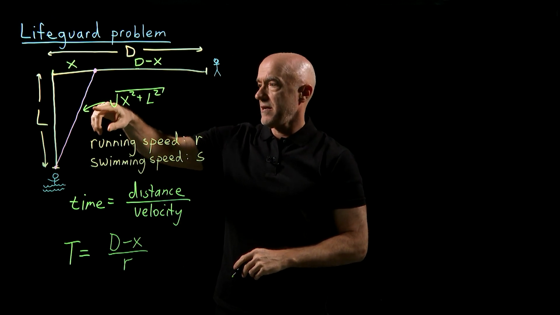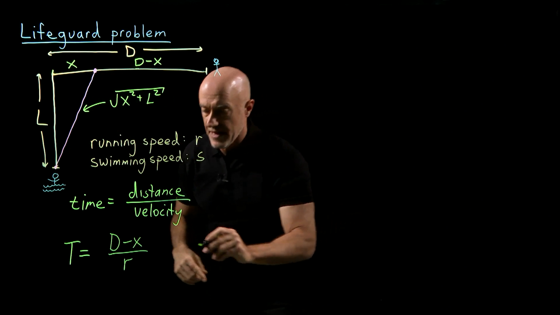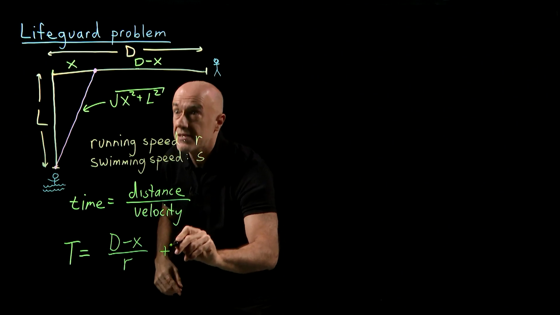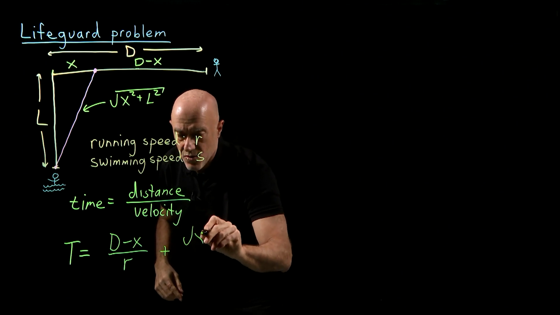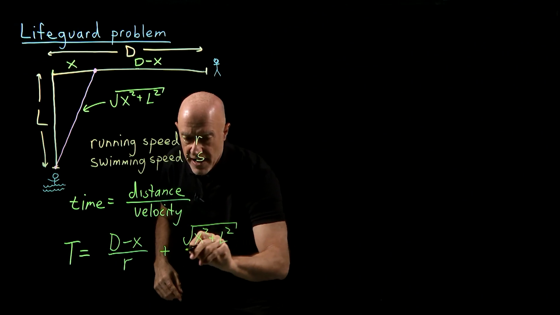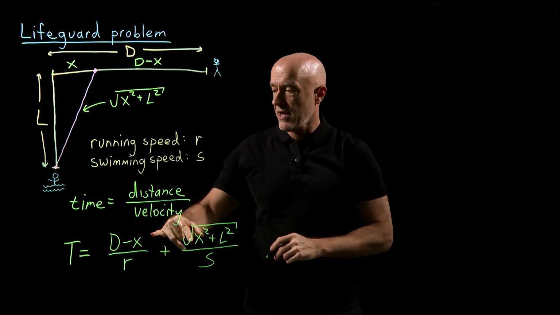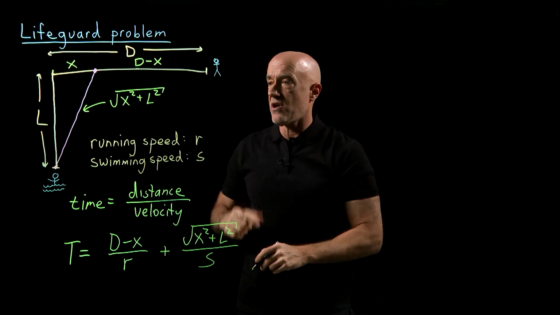So the distance swum is root x squared plus L squared, and then we divide by s. So plus root x squared plus L squared divided by s. And that's the total time then spent by the lifeguard.